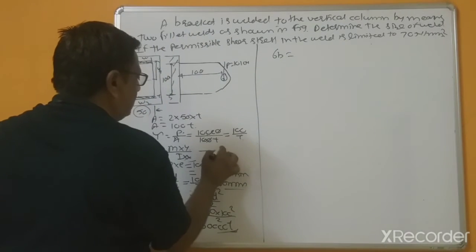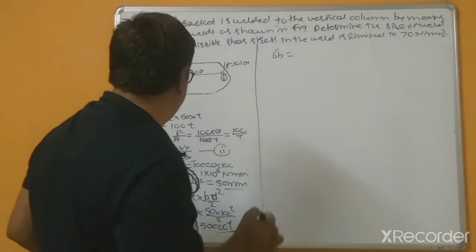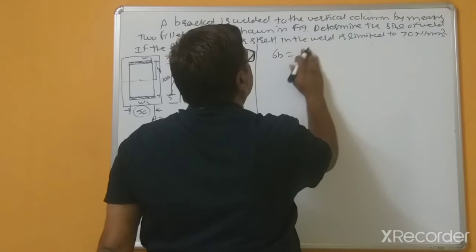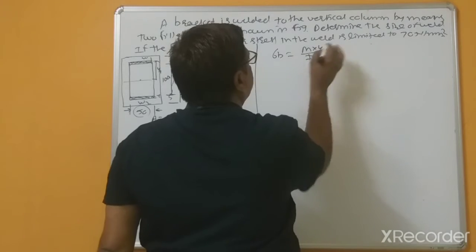Now put this in the second equation. This equation is the second equation. sigma B equals M into Y divided by the moment of inertia about XX.